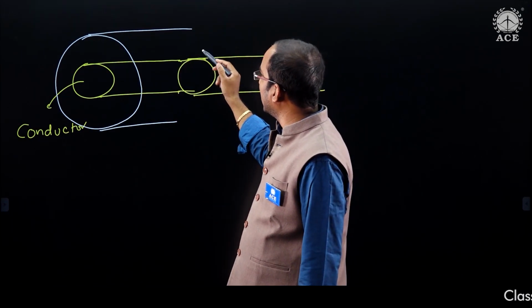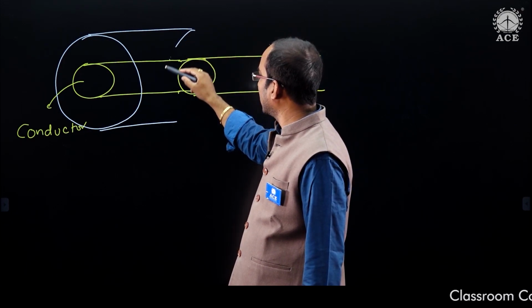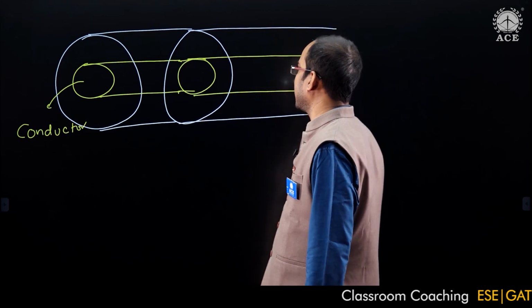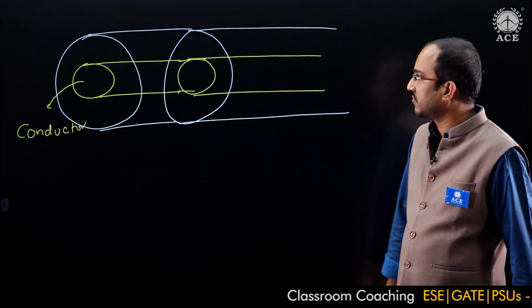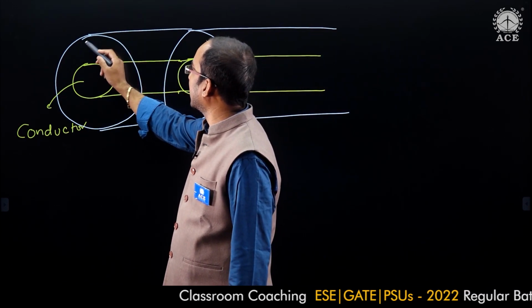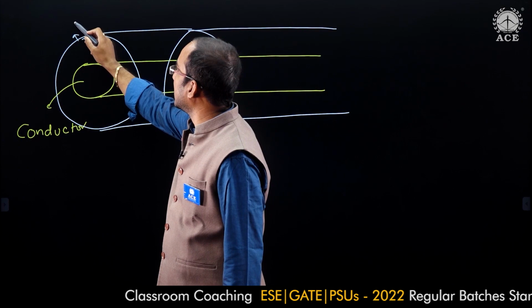The second cable also consists of core as well as insulation over the surface of the conductor. So, this part is nothing but insulation.